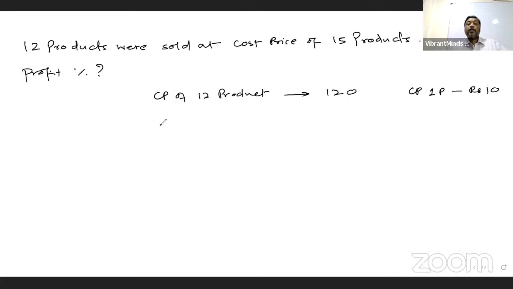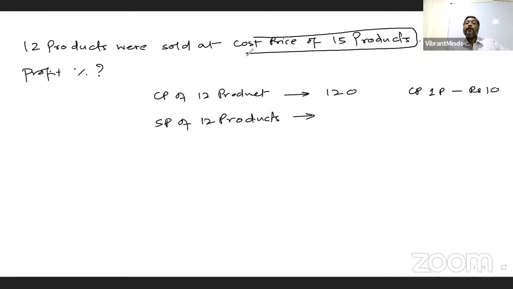Now, what is the selling price? The selling price of 12 products is equal to cost price of 15 products. So cost price of 15 products is how much? It is rupees 150. So what is the profit? 30 rupees is the profit.